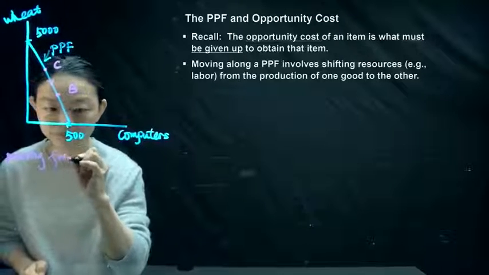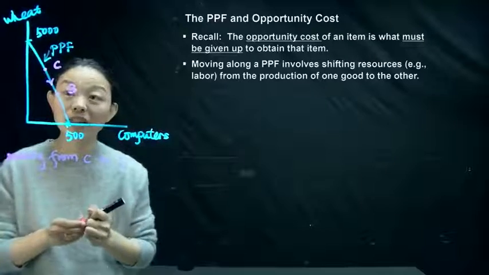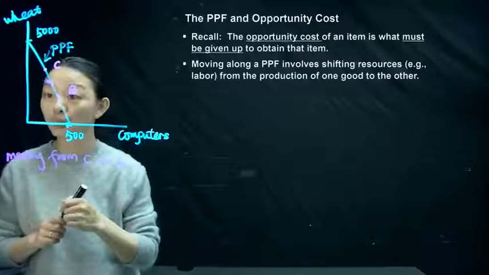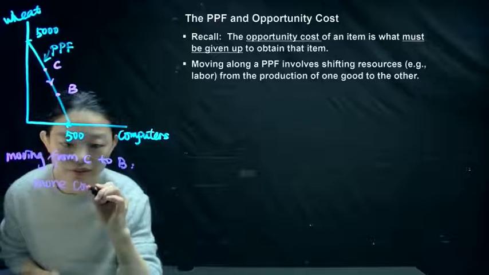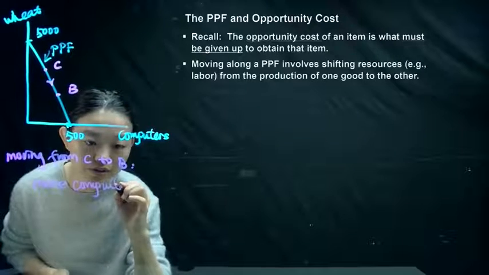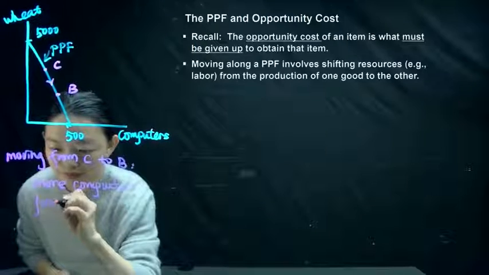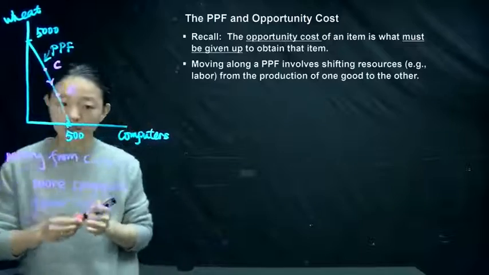Moving from C to B, you can see that we have more computers but fewer tons of weight, right? So we will have more computers but fewer weight. So what does it mean?